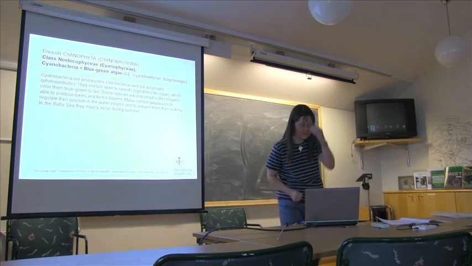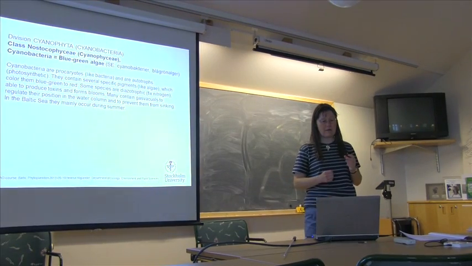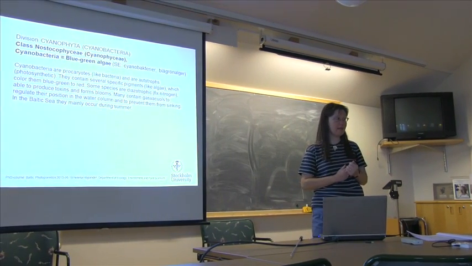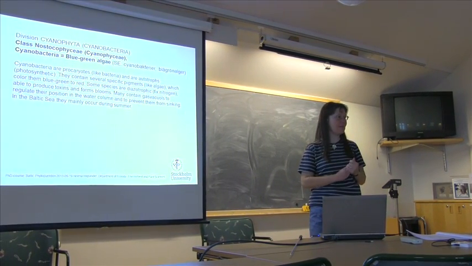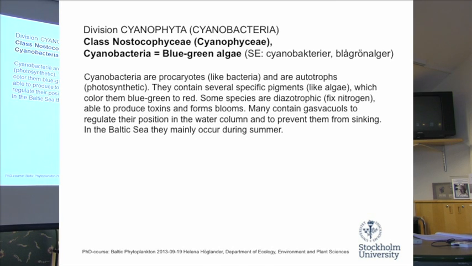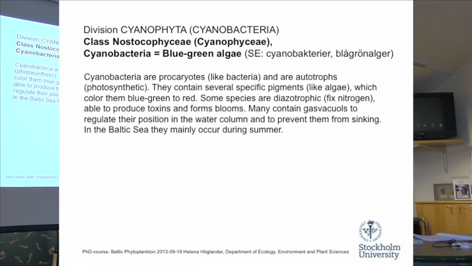Cyanobacteria are something in between bacteria and eukaryotic autotrophs. They are not eukaryotes, they have no cell nucleus, and all the material in the cells is spread throughout the cell, so there are no specific areas for things.